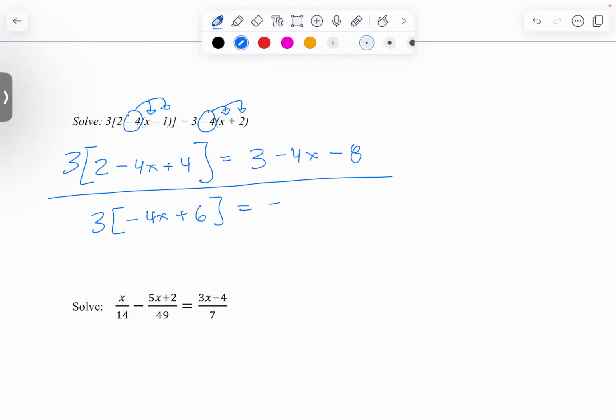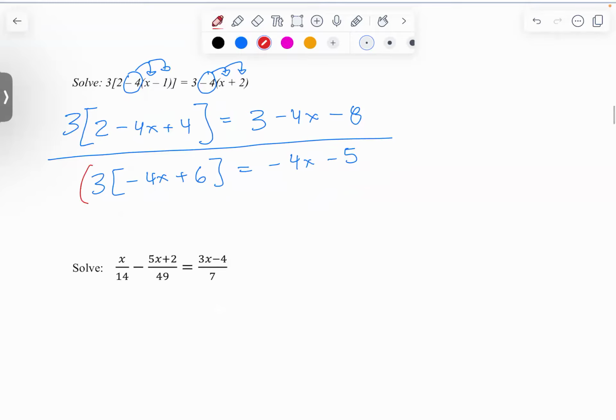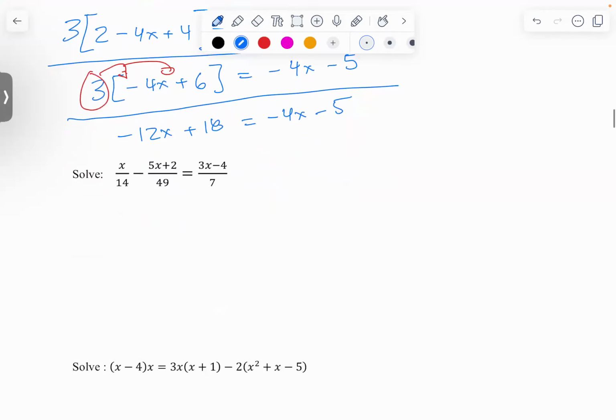Same thing. Simplify on the right side here. Now I'm going to rainbow this 3 in because now notice, look, I'm only rainbowing it into 2 pieces, all right, instead of 3. And that avoids mistakes. And then once I'm here, get the x's to one side and the numbers to another.